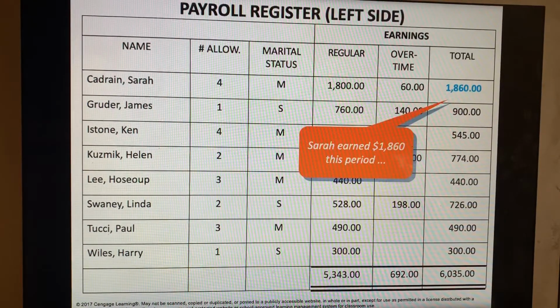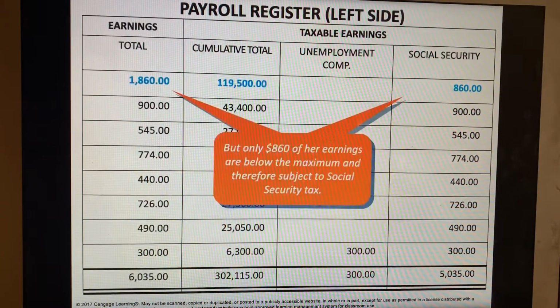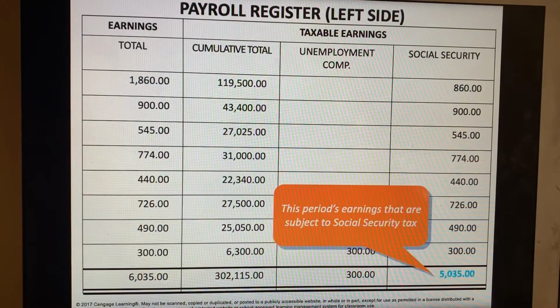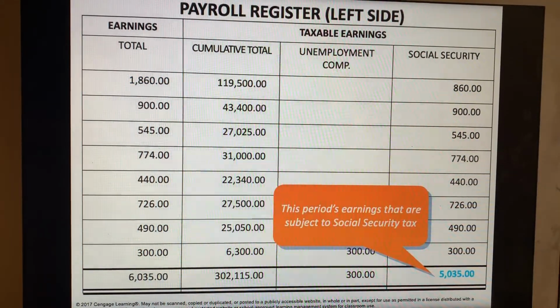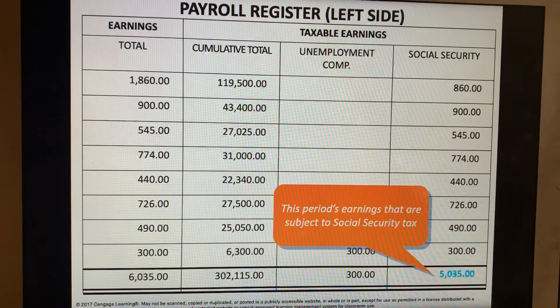So here's an example. Sarah earned $1,860 this period, but only $860 of her earnings are below the maximum and therefore subject to Social Security tax. This period's earnings that are subject to Social Security tax are $5,035.